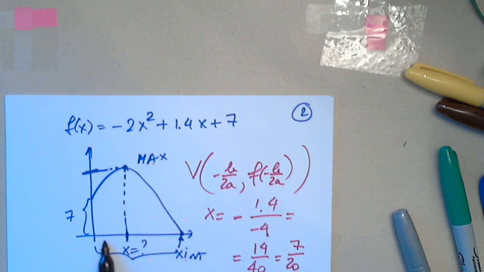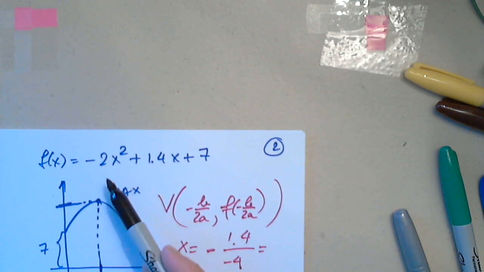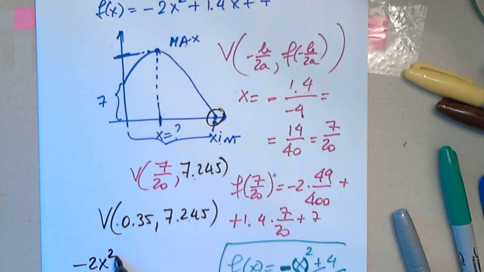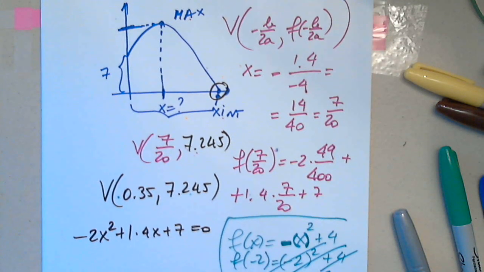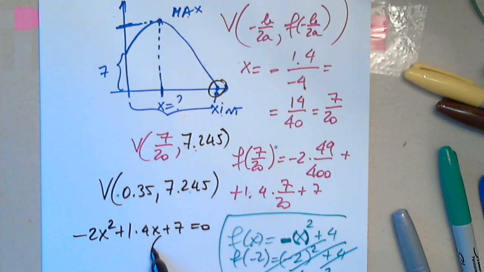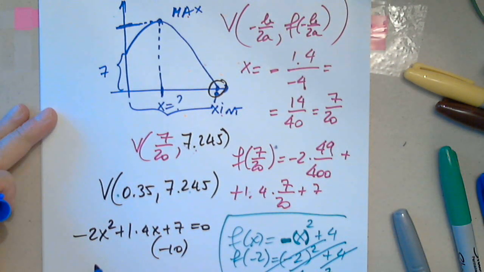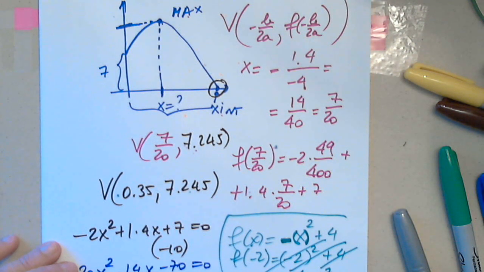And eventually they will ask you to find the x-intercept right here, this point. So then -2x squared plus 1.4x plus 7 equals 0. You will multiply both sides by -10 if you want to. This is what I recommend. And then you will get 20x squared minus 14x minus 7 equals 0.